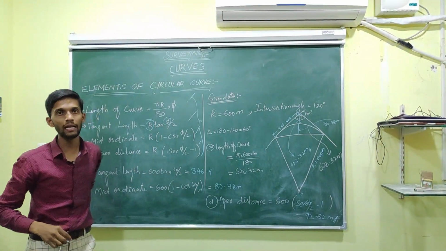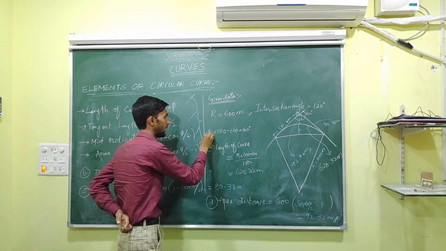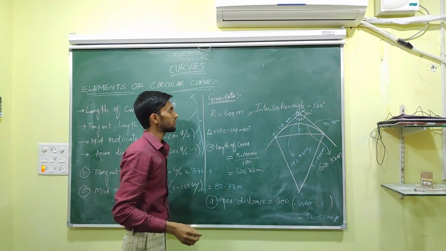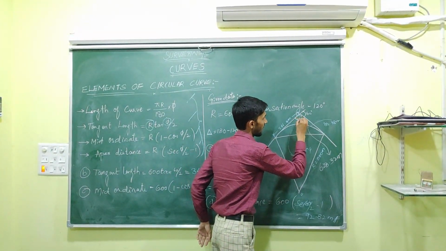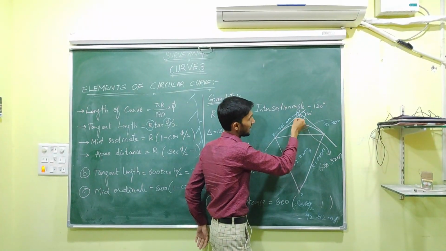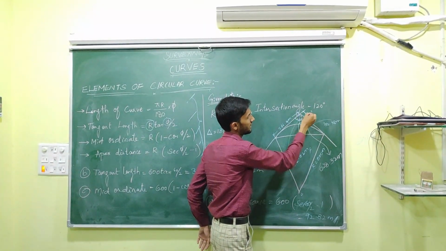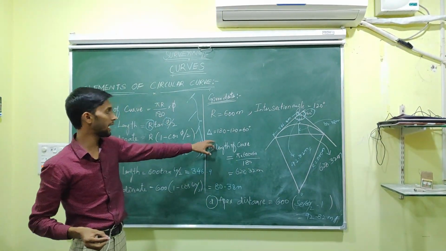This phi is the deflection angle, not the intersection angle. So to find the deflection angle delta or phi, that is 180 minus the intersection angle. This is the intersection angle and this is our deflection angle. This total is 180. If I deduct 120 degrees, then I get 60 degrees as our deflection angle.